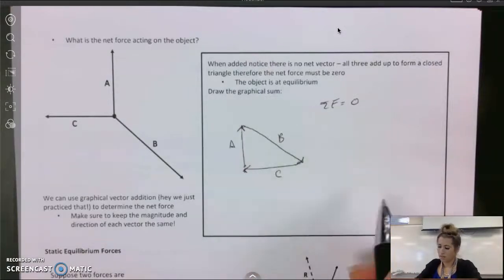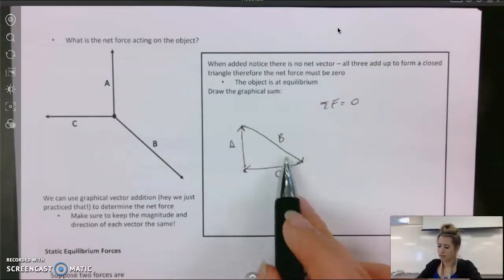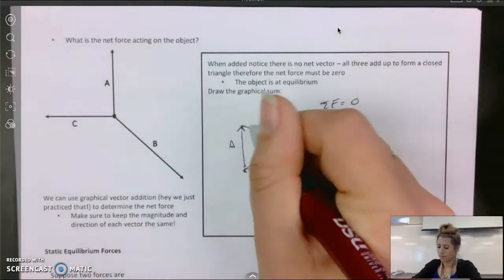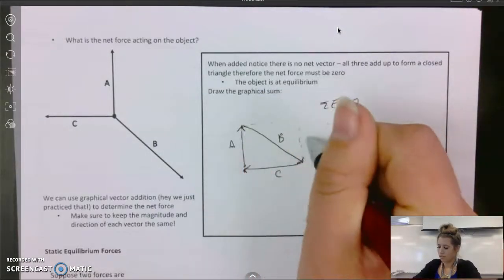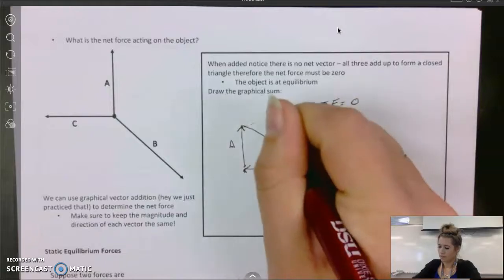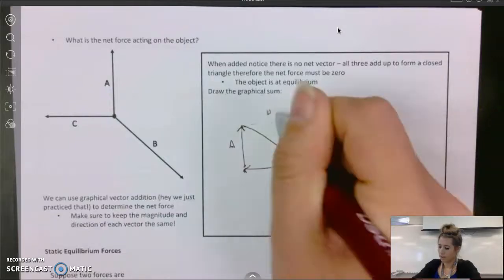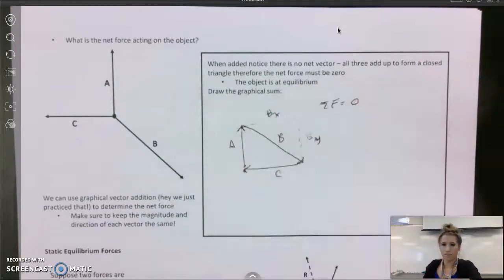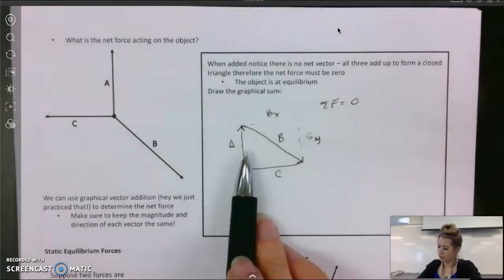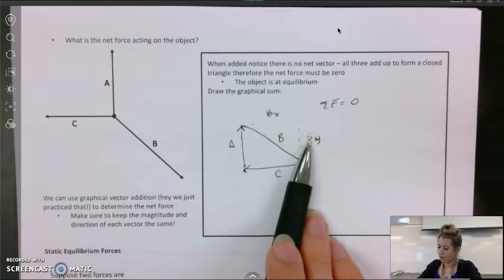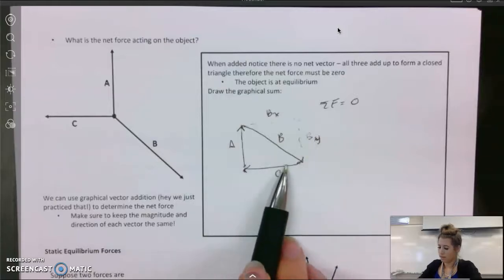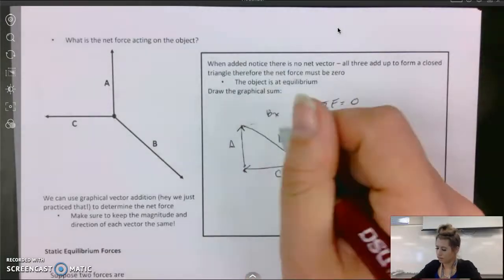Okay? Here's another way of looking at this. B can be broken up into x and y components, right? We can have b sub x and b sub y. Okay? And essentially what happened was A canceled b sub y, and C canceled b sub x.